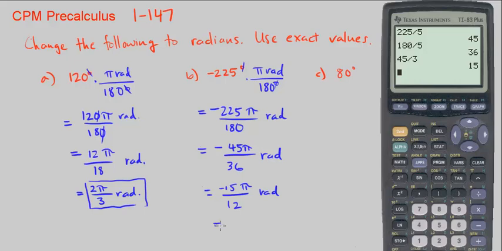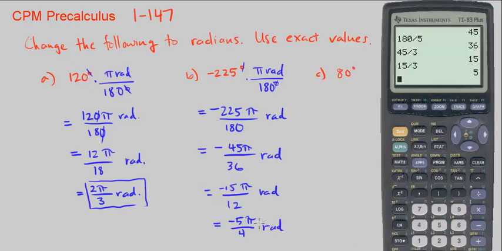Okay, so we could keep simplifying this. We could divide it by 3 again. 15 divided by 3 is 5, so we have negative 5 pi, and 12 divided by 3 is 4, so we have negative 5 pi over 4 radians.